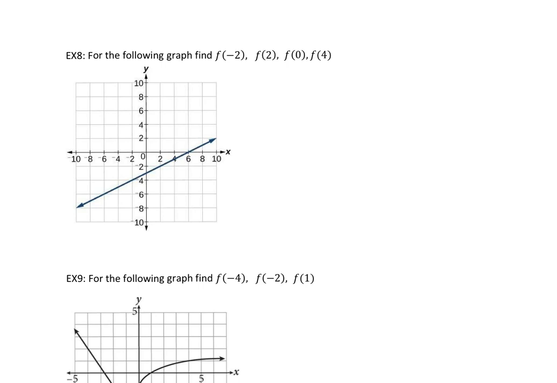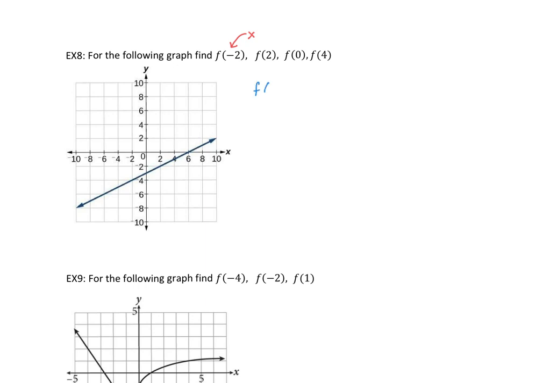So remember that in the parentheses, these are our x values. So we're saying, okay, for the x value of -2, what is f of -2? What is the y value that goes with that?